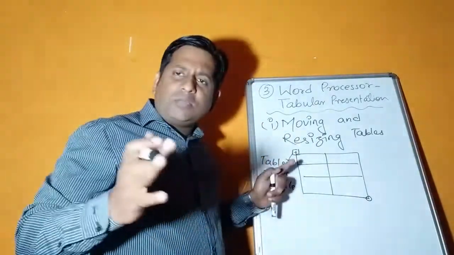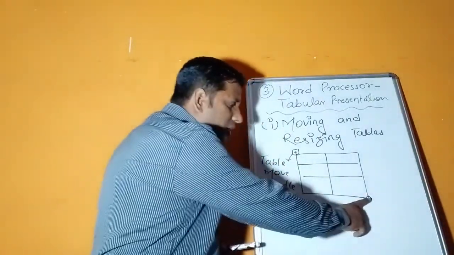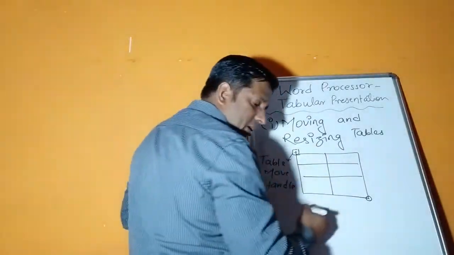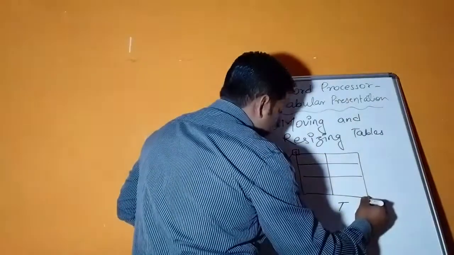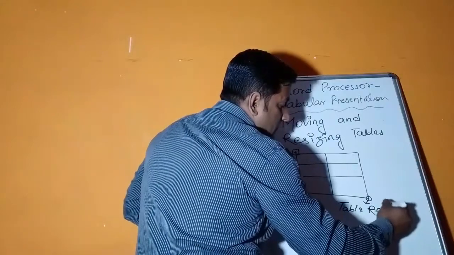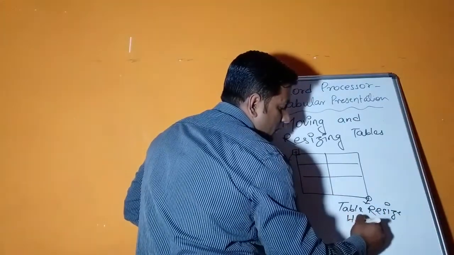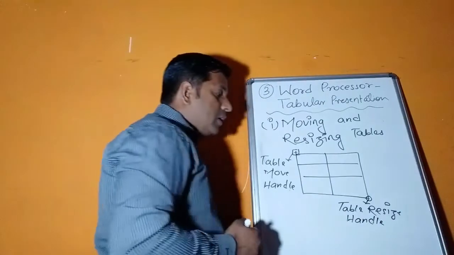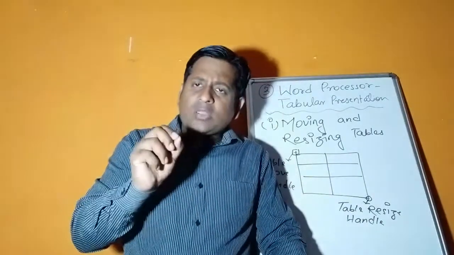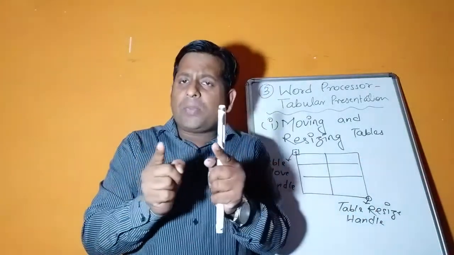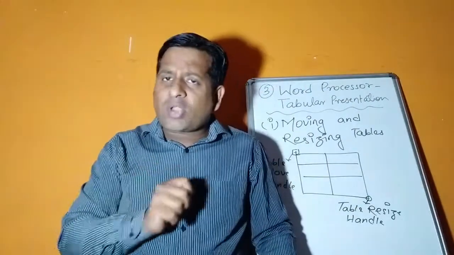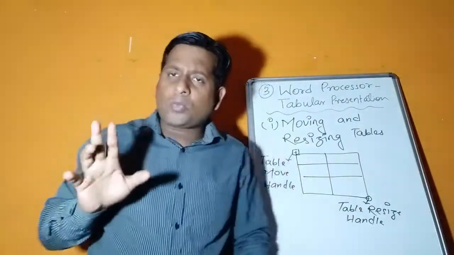Using the help of the table move handle. Now to resize, means small or big, we have down at the bottom here the small circle shape. This is known as the table resize handle. When you click on that, you can easily make the table smaller in size, or you can make the table bigger in size by simply dragging and dropping.